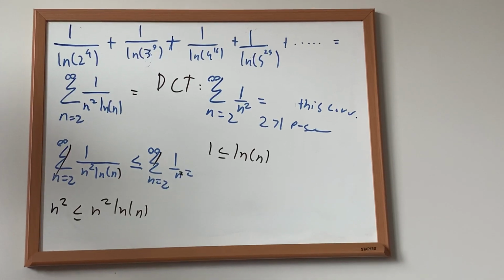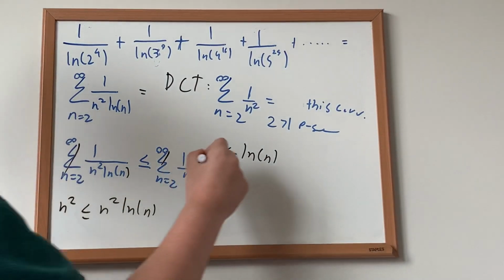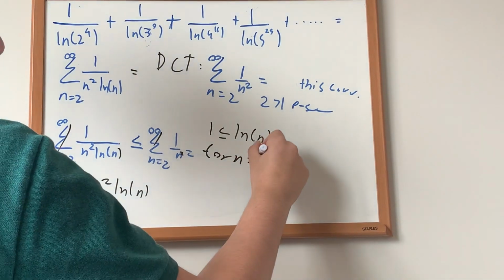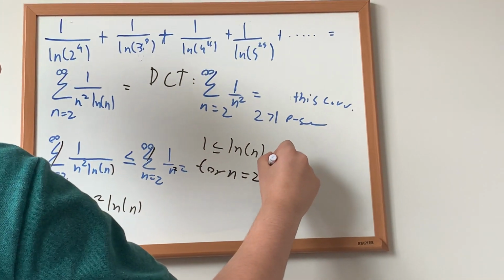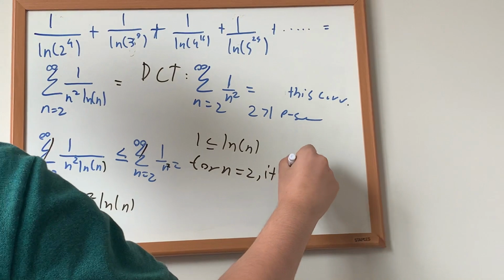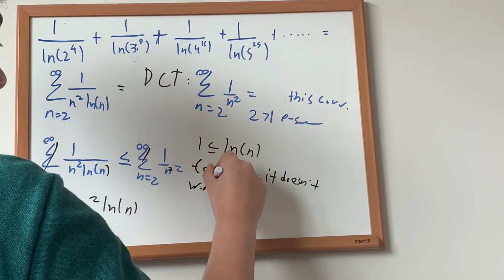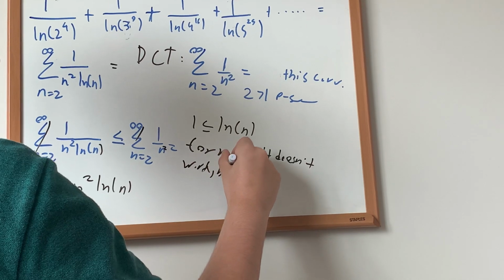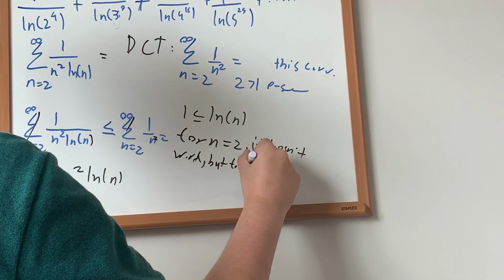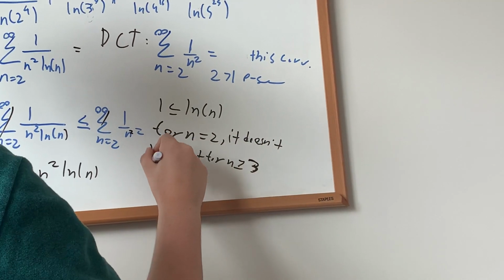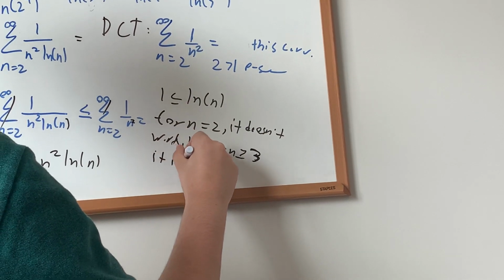So we can make a conclusion that for n equal to 2, it doesn't work, but for n greater than or equal to 3, it is true.